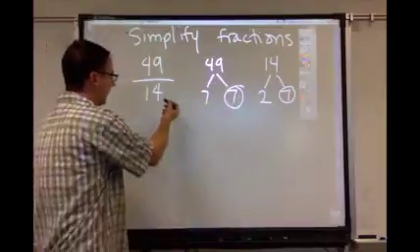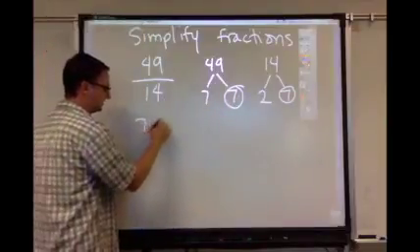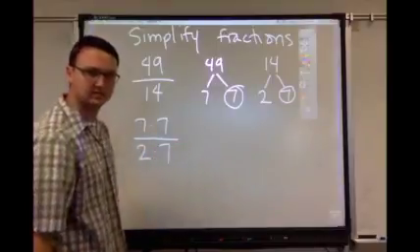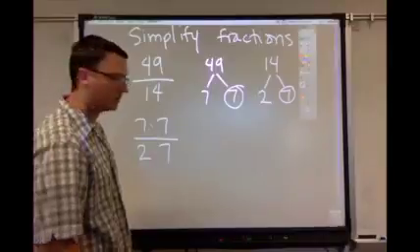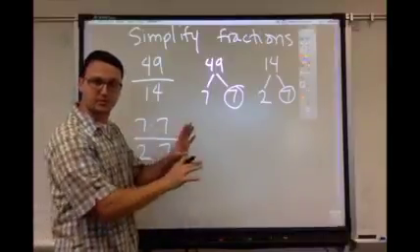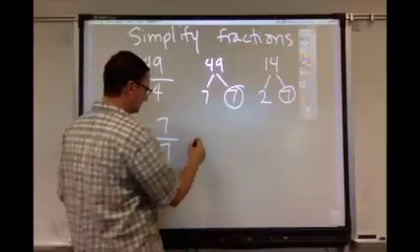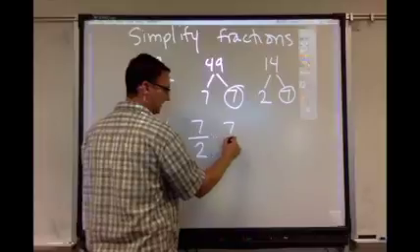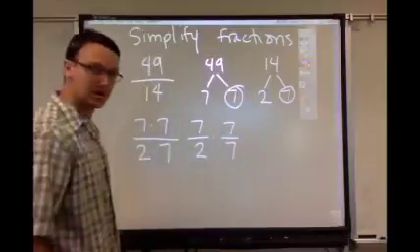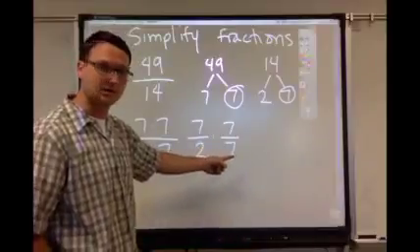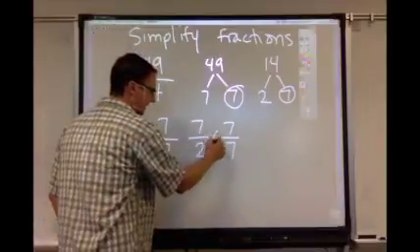So 49 is also known as 7 times 7 over 2 times 7. Okay? Or we can get rid of these two 7s because they're both there. Now, in multiplication of fractions, we just multiply straight across. So this is the times symbol.